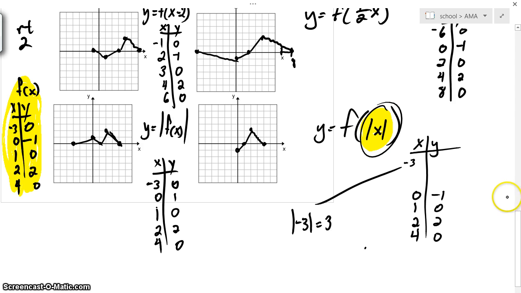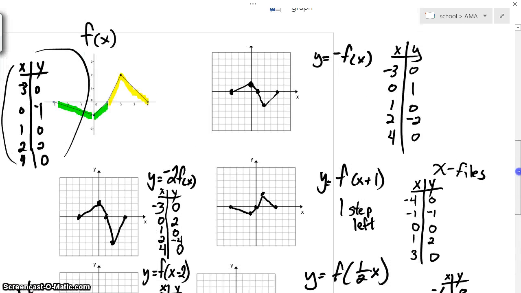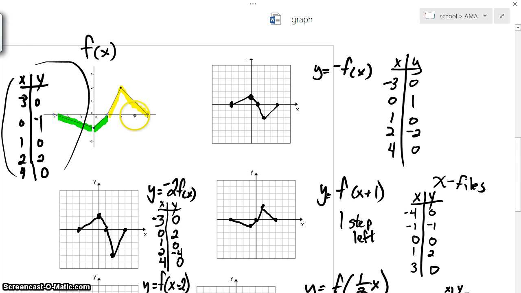But something very different is occurring. We began to talk about what's happening, say, at -3. When we first take that absolute value of -3, it is transformed to +3. And then the real question is, what is f of 3? Well, we don't have that on our table. But we can see right here that f of 3 looks like it might be located over here.